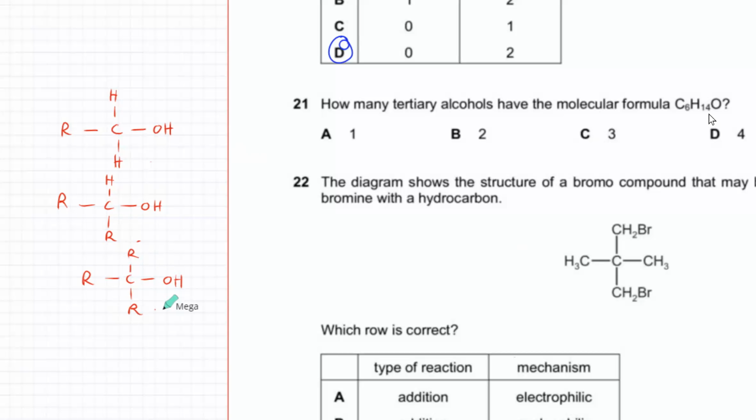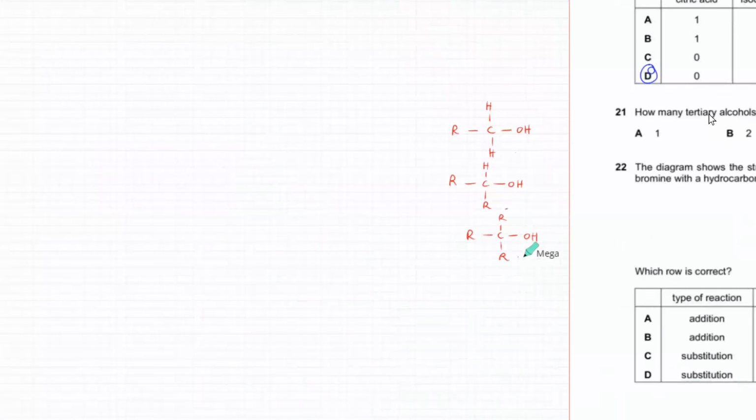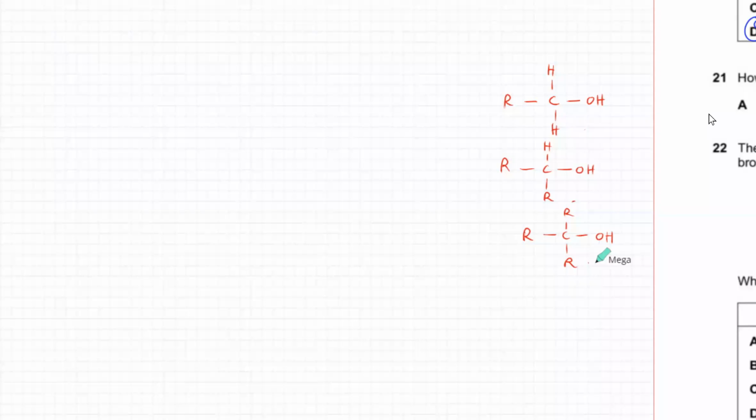We're going to try and figure out how many C6H14O isomers we can have, so it's related to isomerism. The first one would be 6 carbon atoms in a straight line with an OH here. What other combinations can I have?